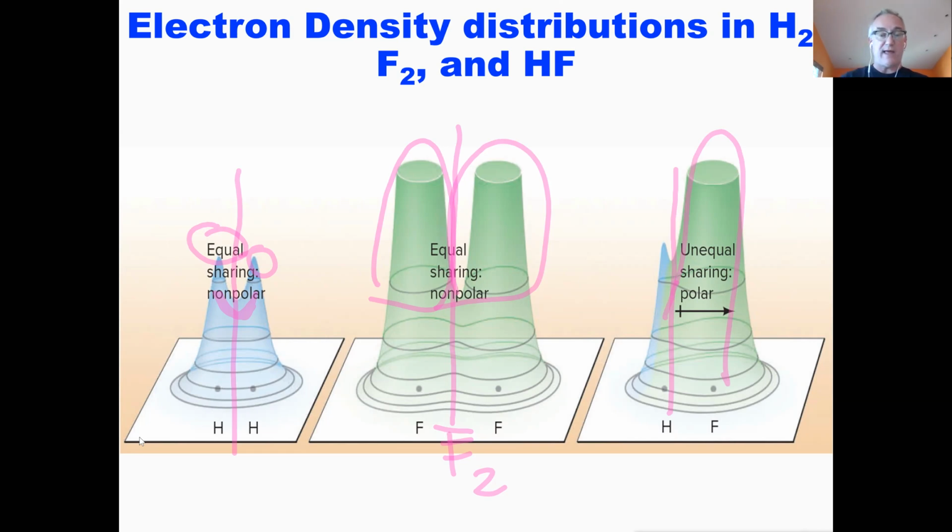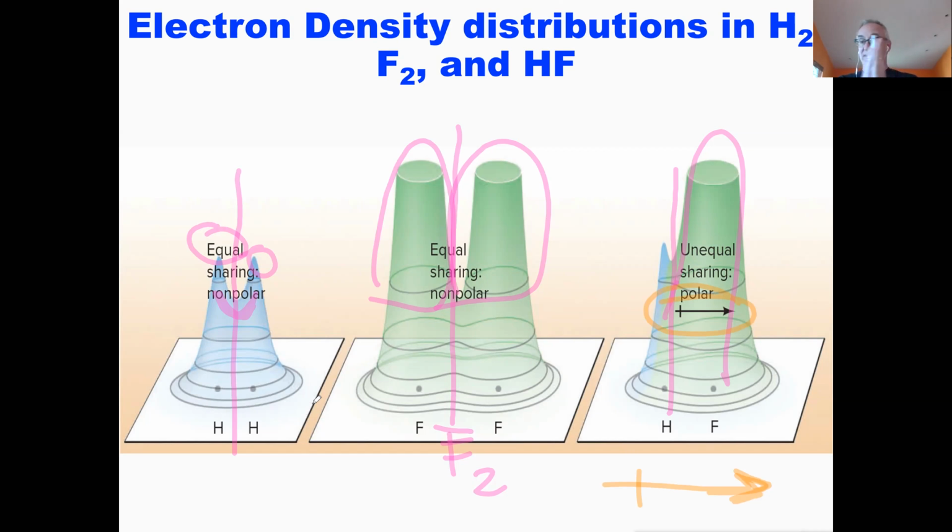And this is the other way that we represent it, with this symbol here. That is a symbol for a dipole. What it does is that we point it toward the atom that has more electron density around it. In this instance, the fluorine.